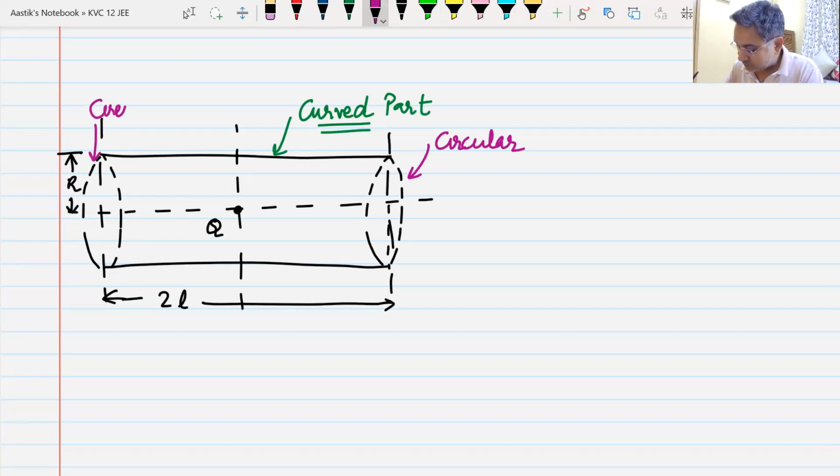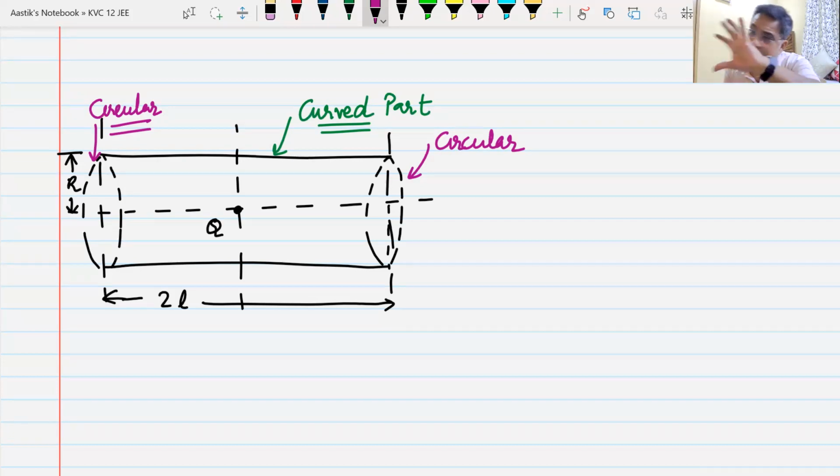So you have to find the flux through the curved part of the cylinder. Now, can you do this? Because if you can do this, the entire flux topic is done with this last question. How will you find the flux through this curved part of the cylinder? Remember, whenever they ask you to find the flux through the curved part, you must think that there is something you must apply there.